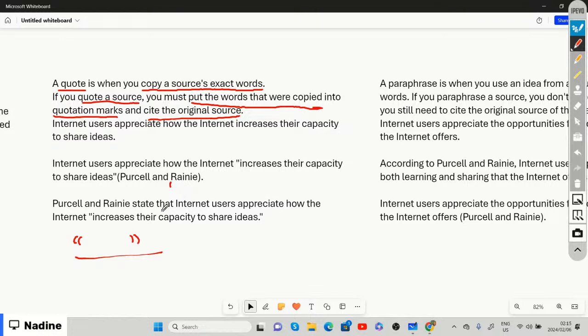All right. And we said internet users appreciate how the internet increases their capacity to share ideas. And that is basically what Purcell as well as Rainey said.